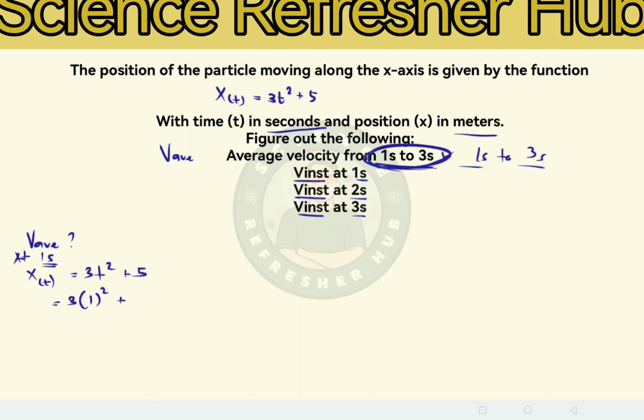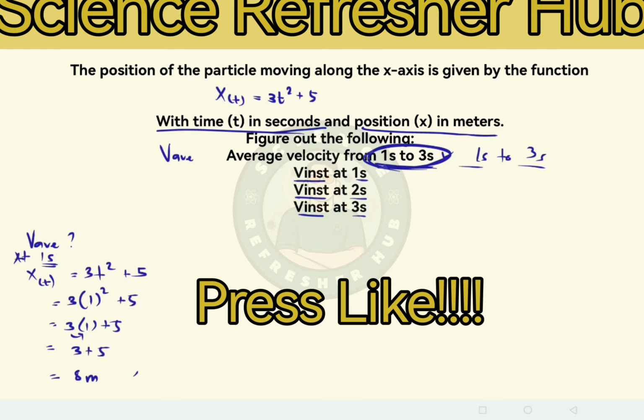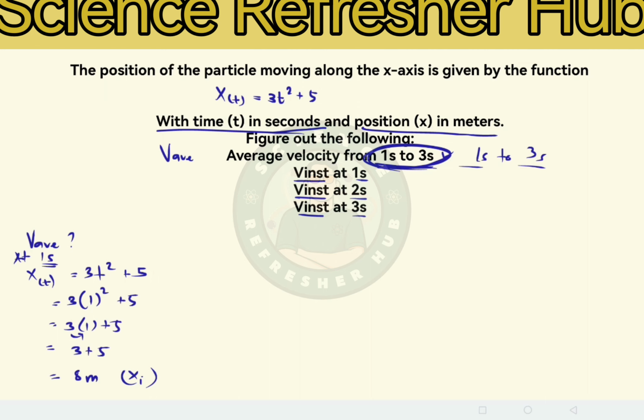So that's 1 squared plus 5 times 3, 1 times 1, that's 1 plus 5. And then you have 3 times 1, 3 plus 5, it's 8. Remember, time is in seconds, and position is in meters. Since we're dealing with position with respect to time, that's 8 meters. This is going to be your initial position, x sub i.